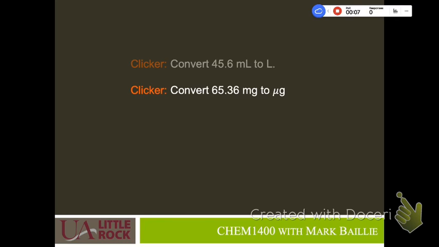Okay? Next question. Is this the same as your second one there? Yes. Okay, we're converting 65.36 milligrams into micrograms. This is question number 12. Exactly as written on the screen.